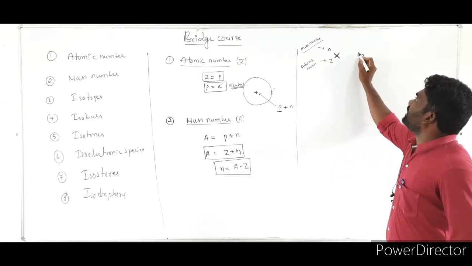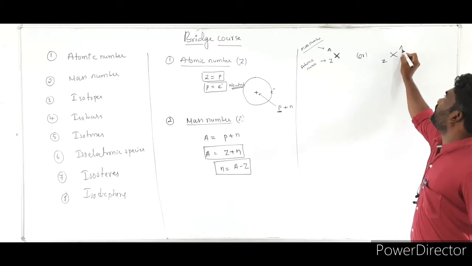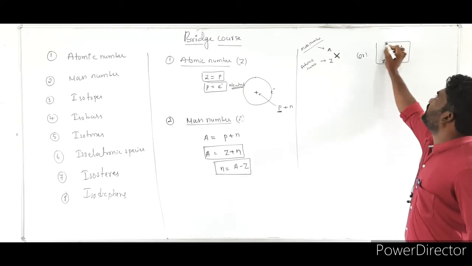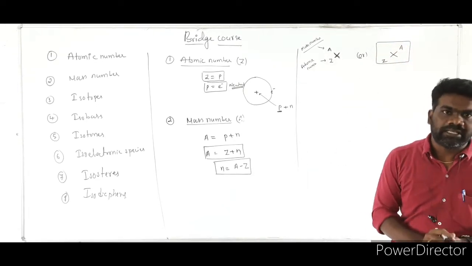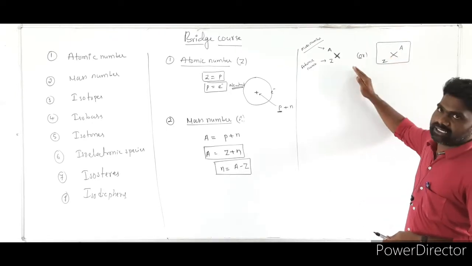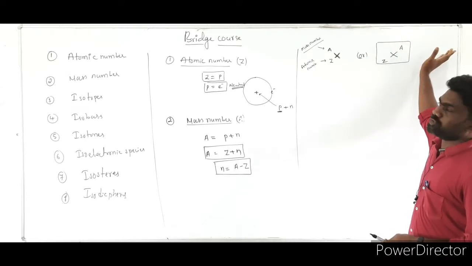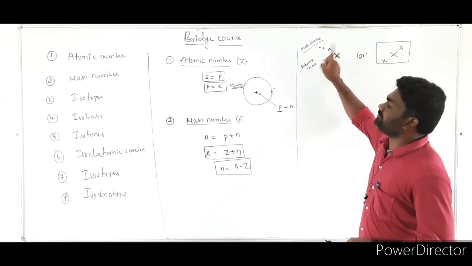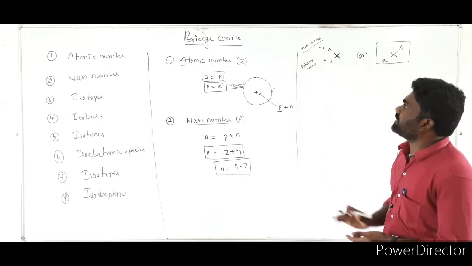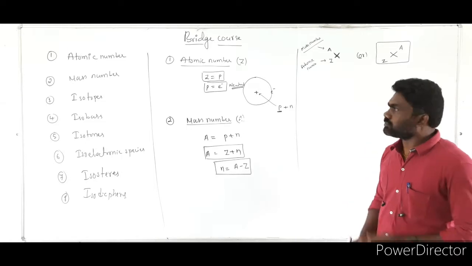I am taking any element, labeling it as X; you can take hydrogen, nitrogen, carbon, silicon, phosphorus, any element. I take the mass number A as superscript on the left-hand side and the atomic number Z as subscript on the left-hand side. This Z represents atomic number and this A represents mass number. We can also represent it in another way, with Z as subscript on the left-hand side and mass number as superscript on the right-hand side, or superscript on the left-hand side also. This is the representation of atomic number and mass number in an atom.